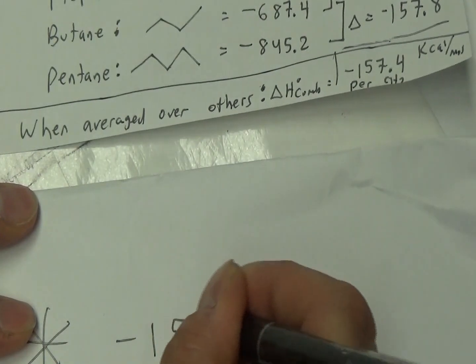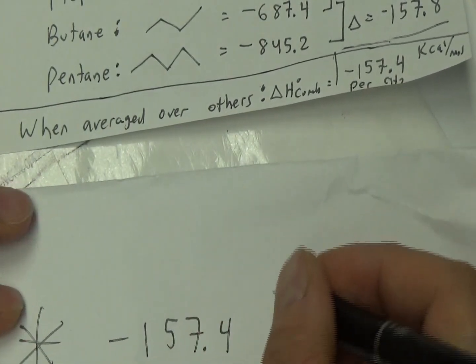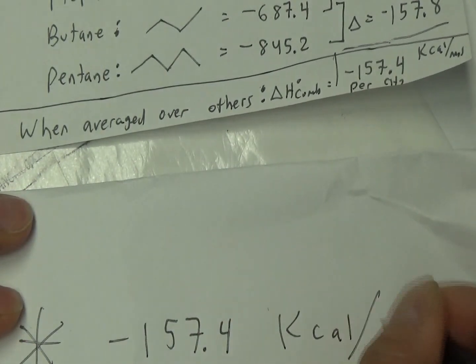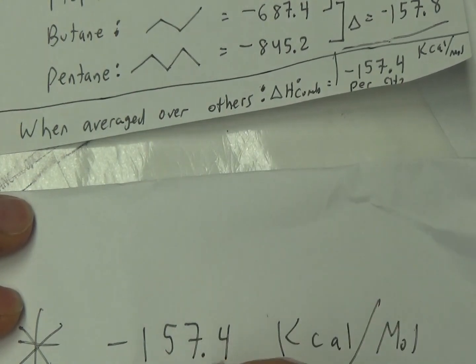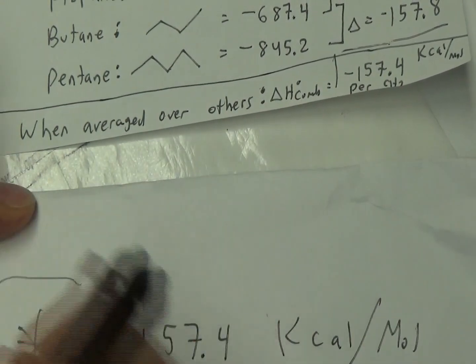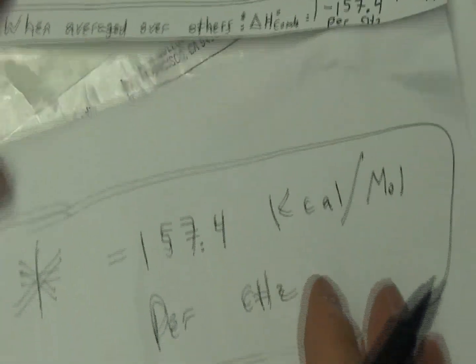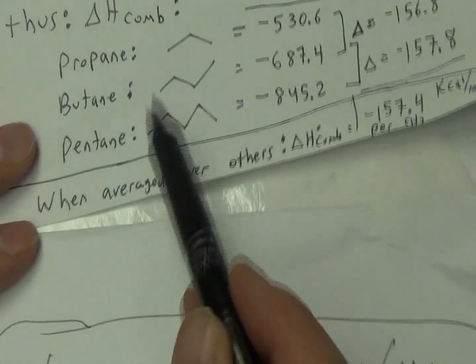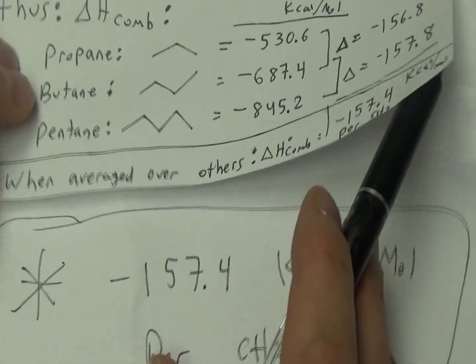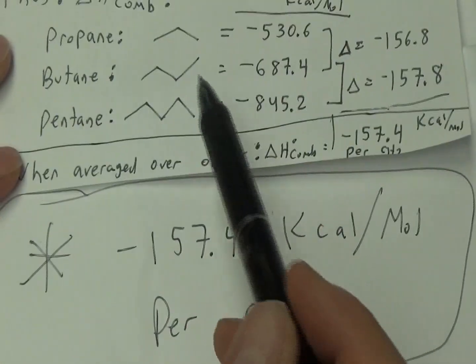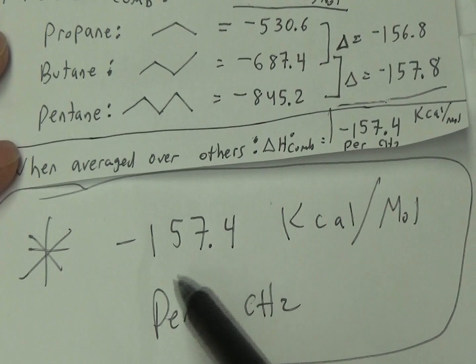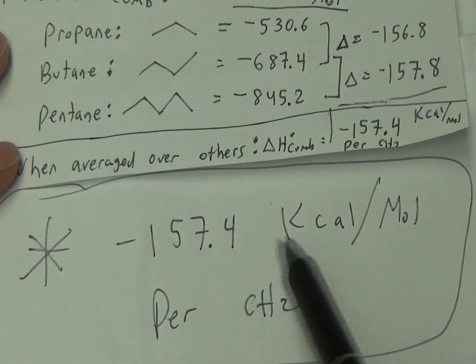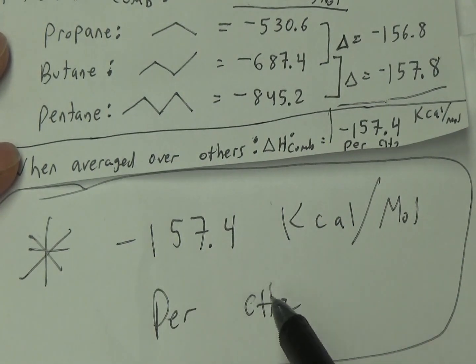Negative 157.4 kilocalories per mole per CH2. Okay? So for these molecules, which are all unstrained, when you burn them, you're essentially getting, on average, 157.4 kilocalories per mole per CH2.